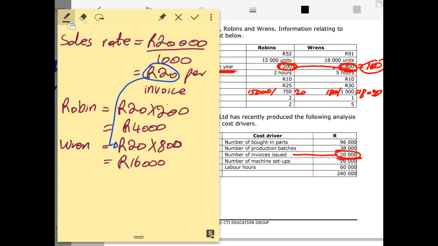And now if you see, still my principle is correct. 16,000 plus 4,000 still gives us 20,000.